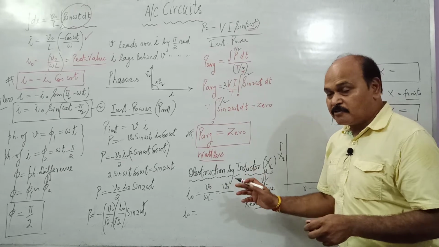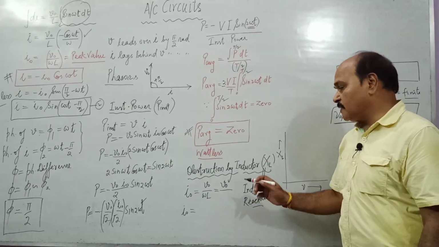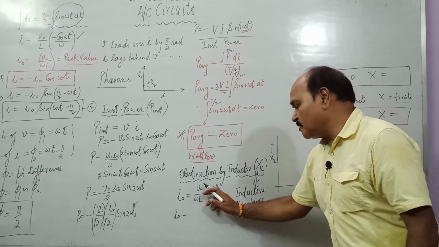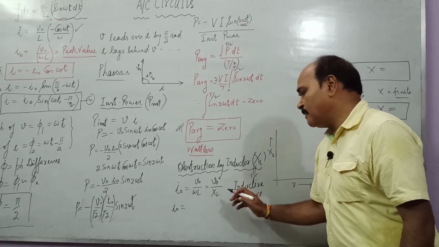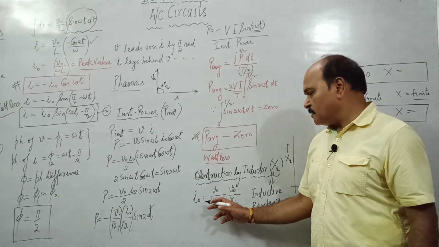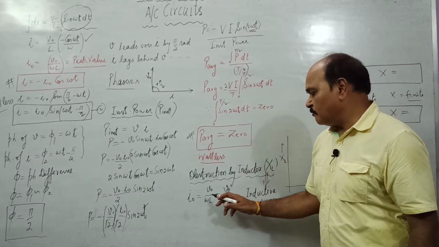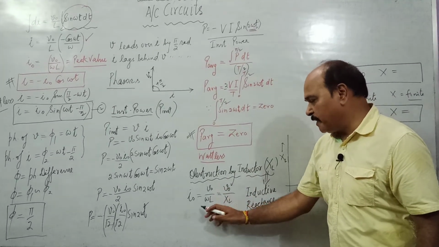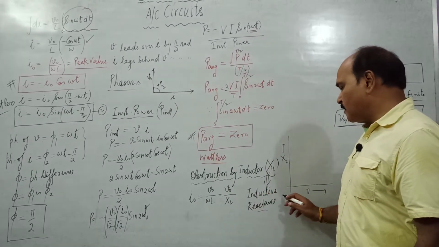The obstruction here is called reactance, inductive reactance. So current is voltage upon obstruction, and that obstruction is XL. So V naught upon omega L. This omega L is nothing but obstruction by inductor, that is inductive reactance.